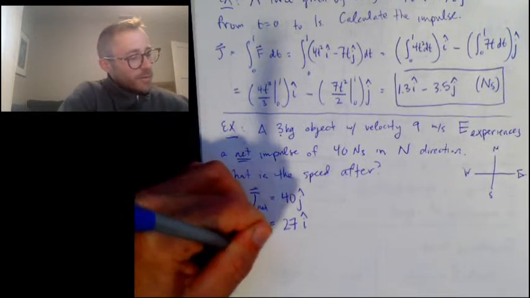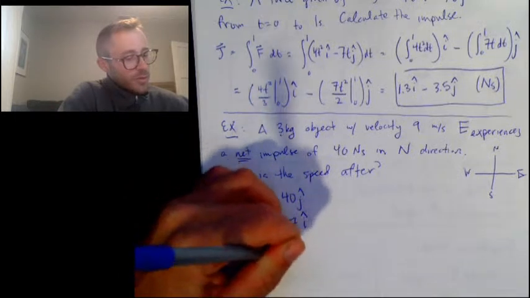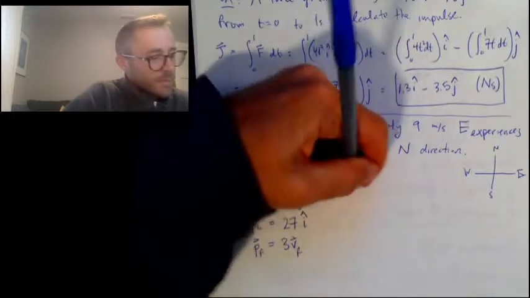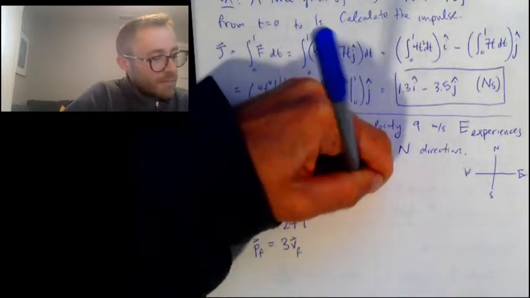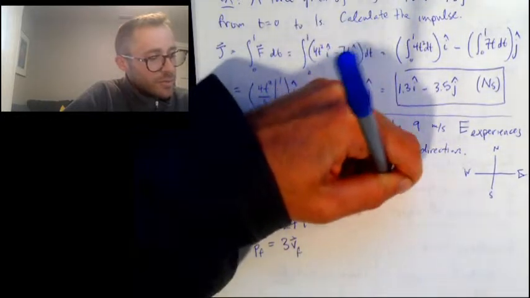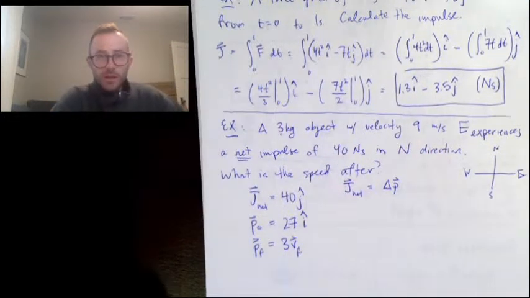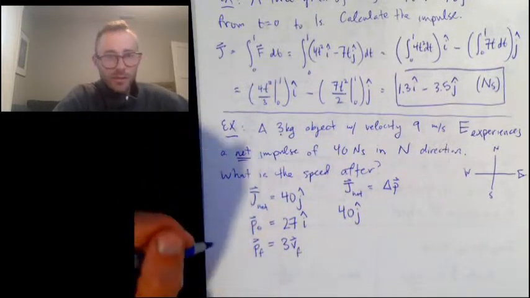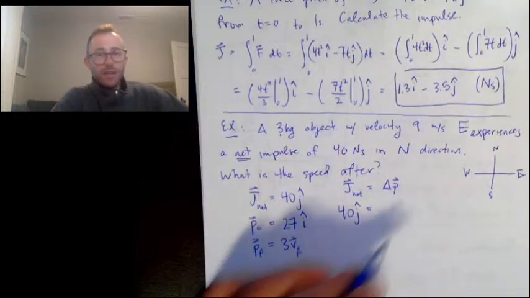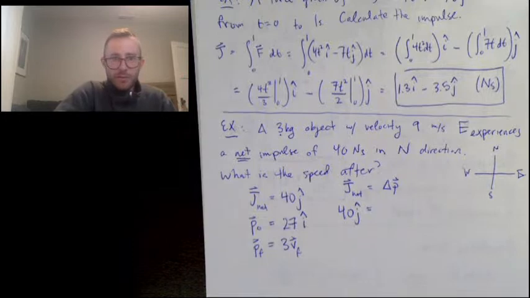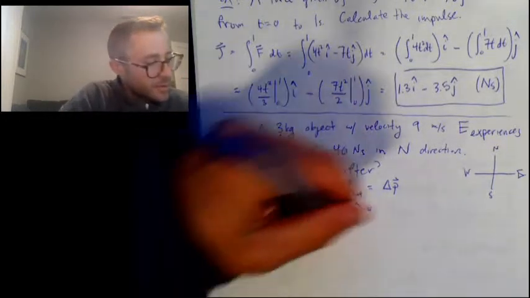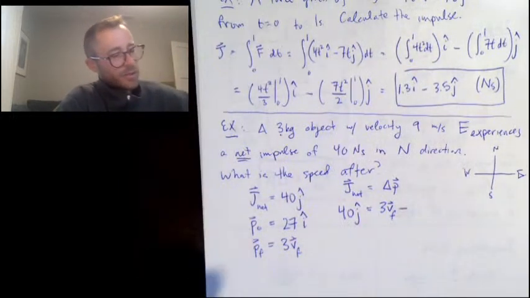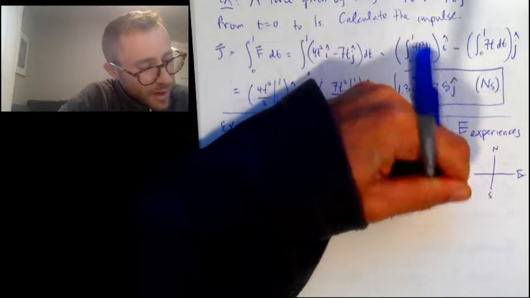P final, we know that the mass of the particle is 3, but its final velocity is unknown. Now I'm going to use the formula that J net is equal to delta P. So 40 j is equal to the change in momentum. Change in momentum is P final minus P initial, so 3 V final minus 27 i hat.